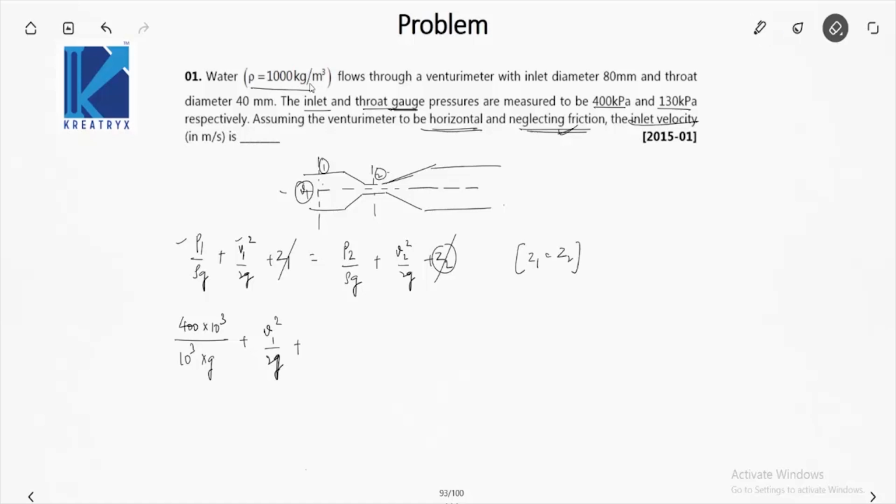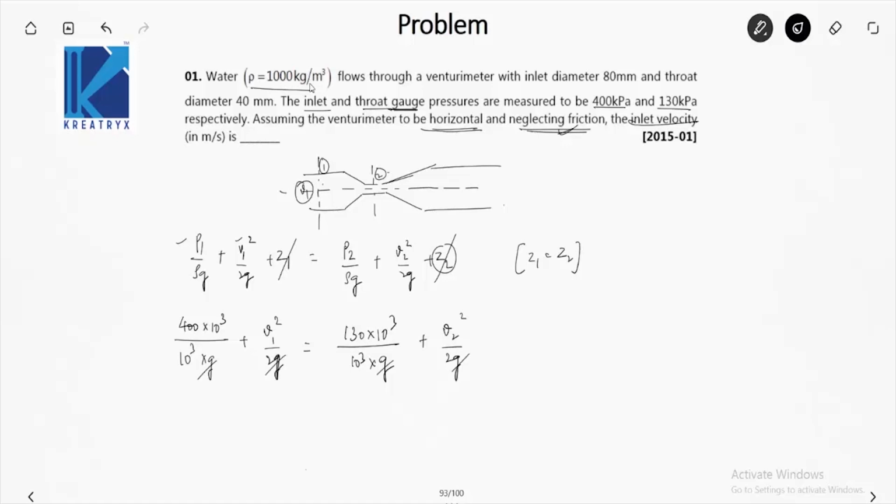Is equal to P2. P2 is 130 kilopascal, so change it into pascals, by rho g. Plus V2 square by 2g. V2 is the velocity of water at the throat. So this g gets cancelled out.